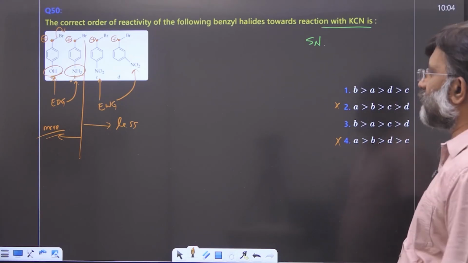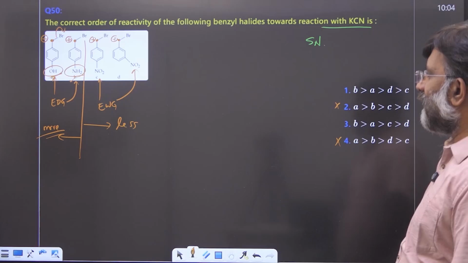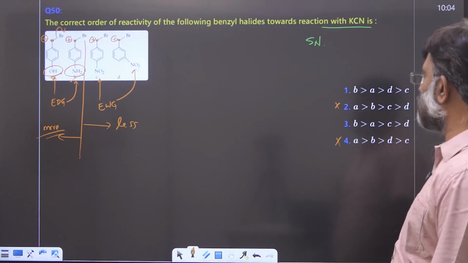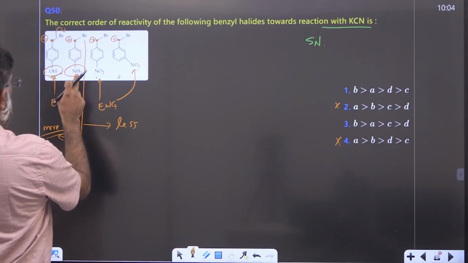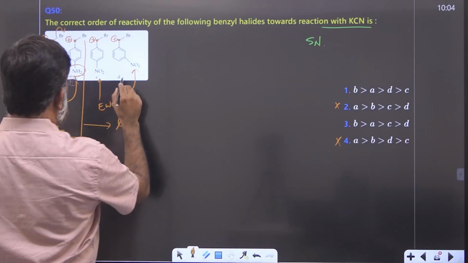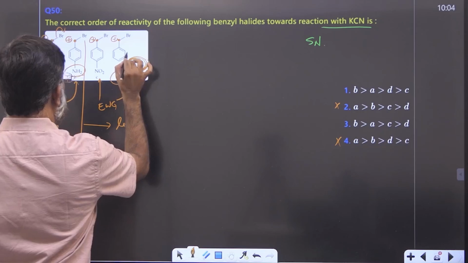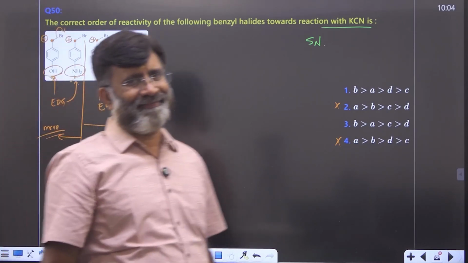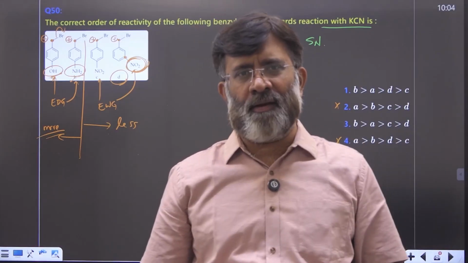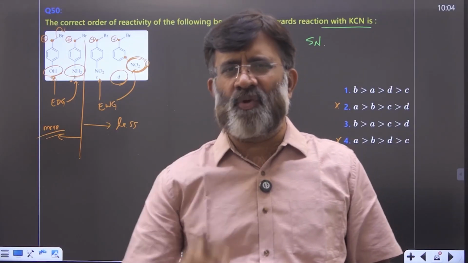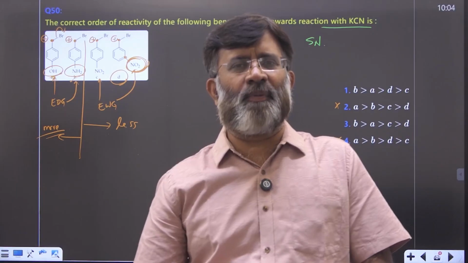And after that, is it D or C? First B, then A. After that, it will be D because this electron withdrawing group is at a meta position. An electron withdrawing group at a meta position does not make much influence. Its influence is very high at the ortho-para position.